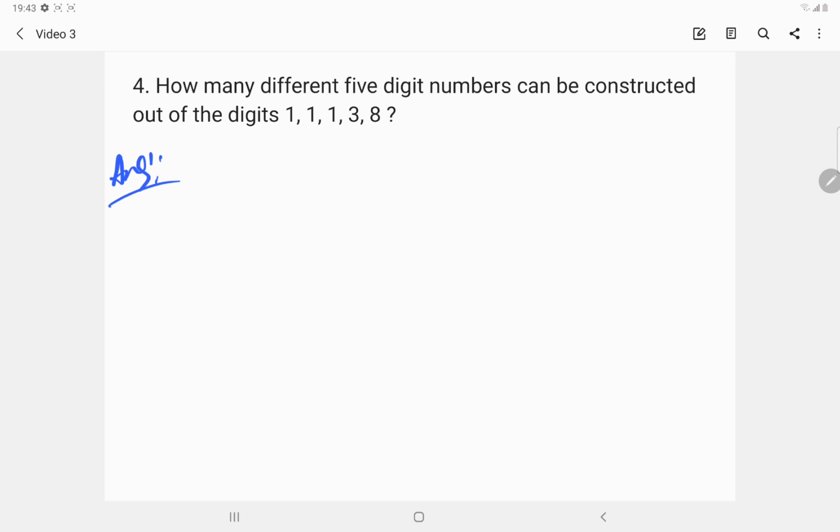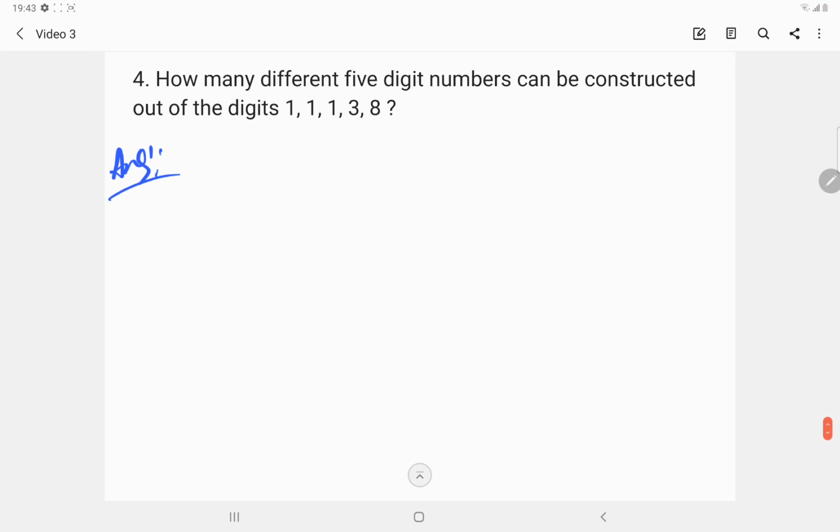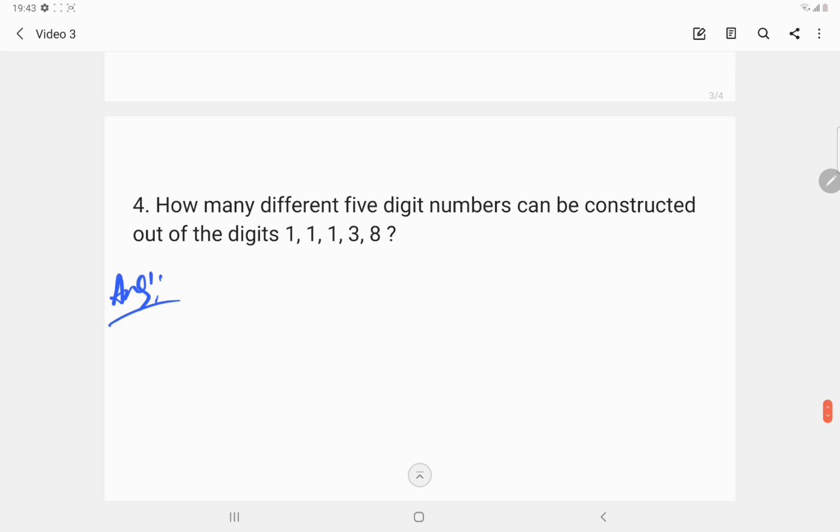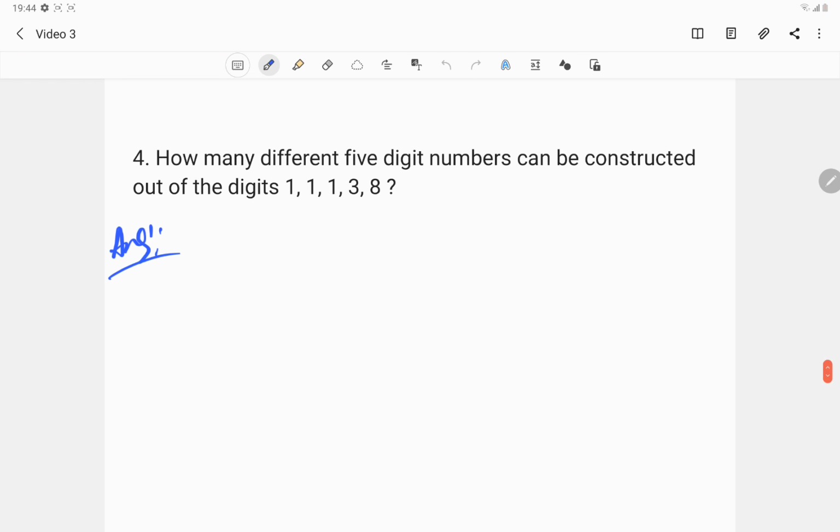So let us solve this question. So we are dealing with 5-digit numbers. Now I'll assume that 8 is here.